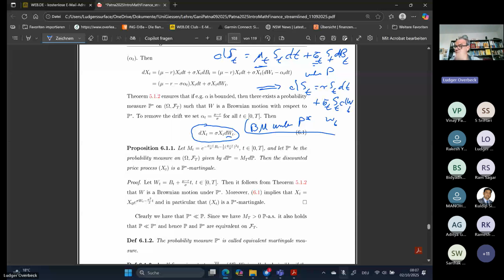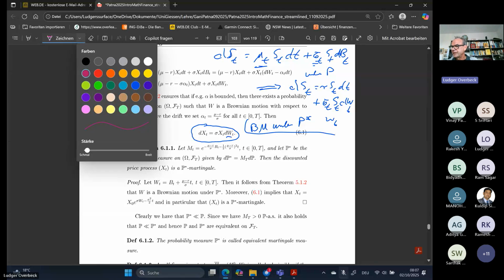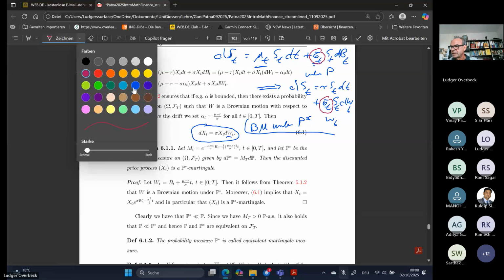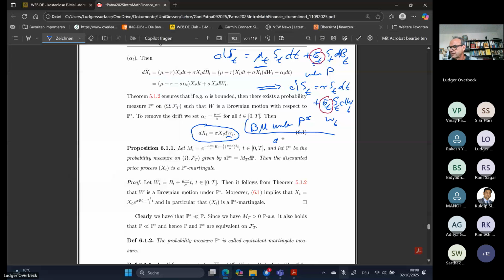But of course, the volatility is not changed. You see the volatility function is the same under the pricing measure and under the historical measure, as long as this transformation M_t is a martingale.